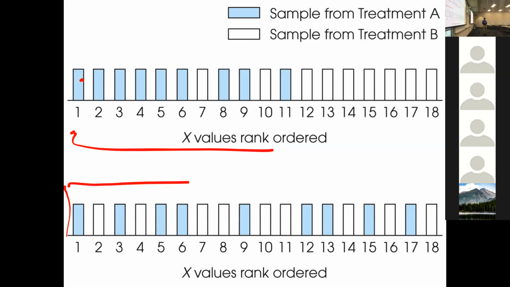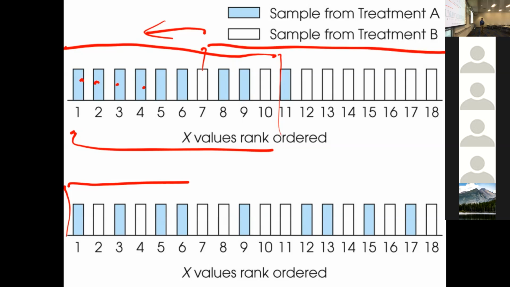So this person gets rank 1, rank 2, rank 3, rank 4, etc. And so you can start to see a differentiation in the groups, right? So here, just looking at it, you can see that treatment A seems to have an effect when compared to treatment B, right?